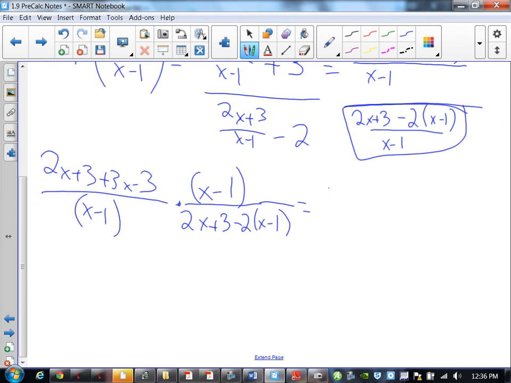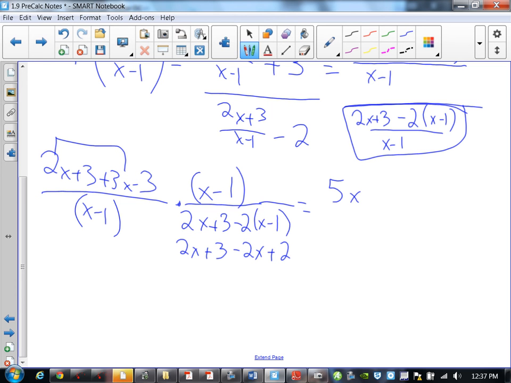Up here we have 5x. 3 minus 3 is gone. 2x and 3x, I'm combining like terms right here.